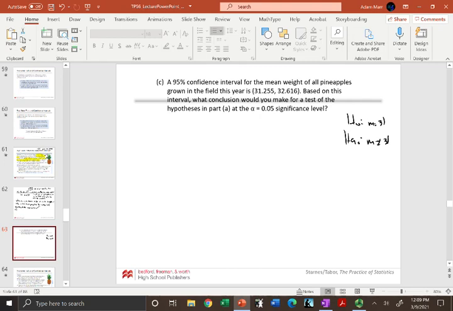So in this case, what we're going to say is the 95% confidence interval does not include 31 as a plausible value.